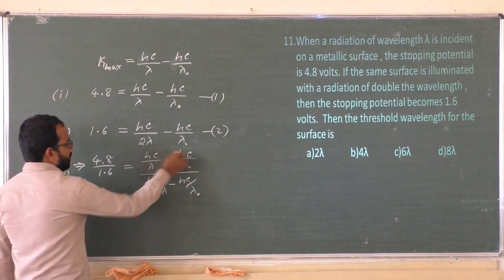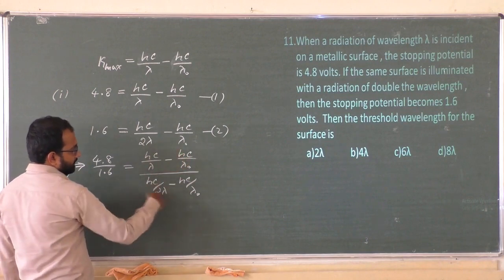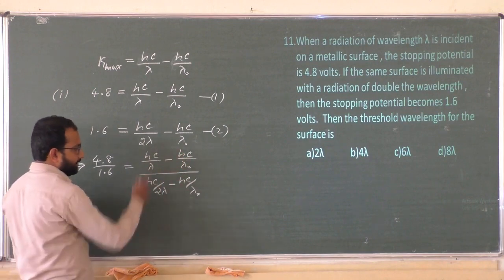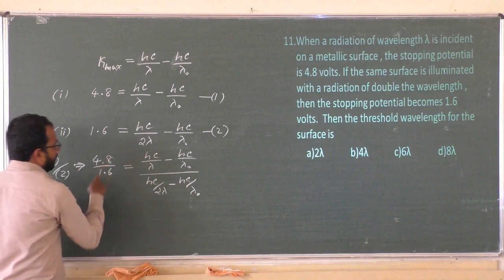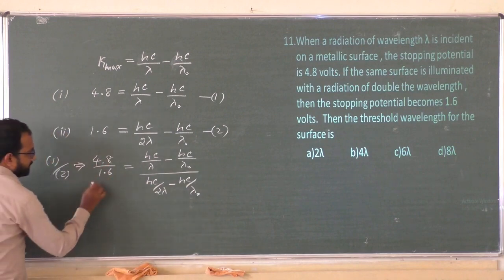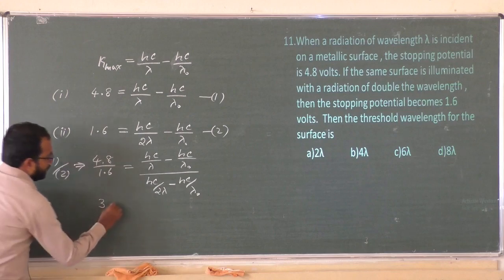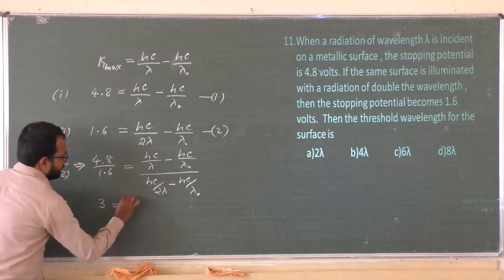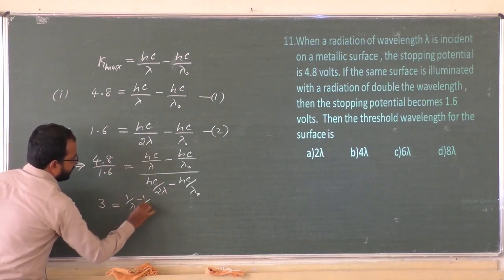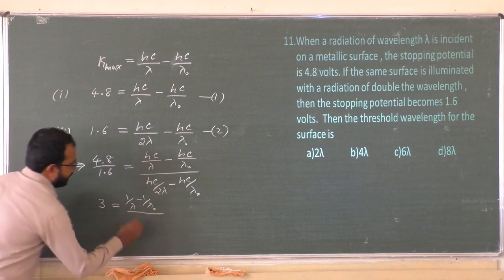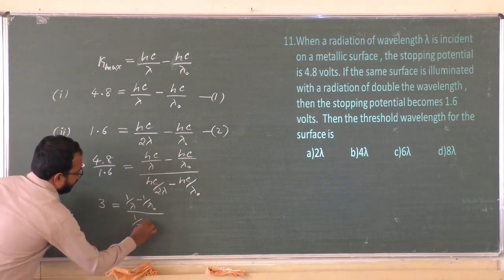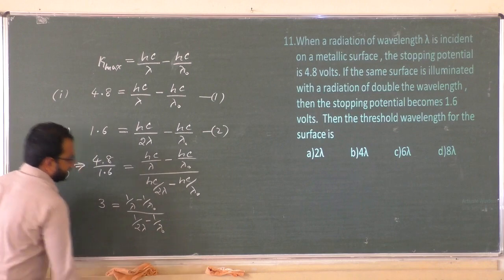Here hc is common in the numerator, and in the denominator also hc is common, so it is getting cancelled. So 4.8 divided by 1.6, 48 by 16, that is 3, which is equal to 1 by lambda minus 1 by lambda naught divided by 1 by 2 lambda minus 1 by lambda naught.